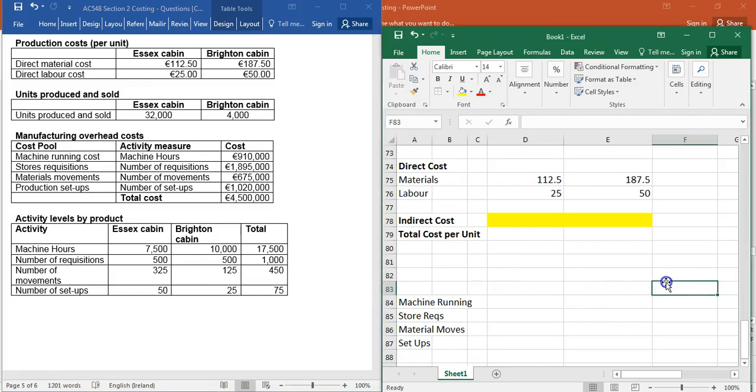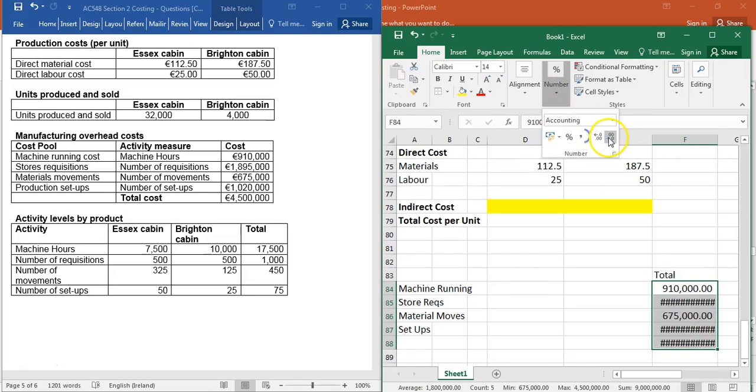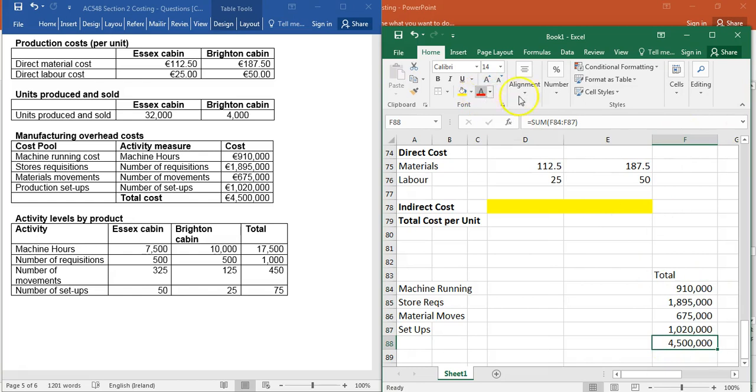So in this case, similar setup to before, you have the total cost 910,000. You have 1,895. You have 675 and 1,020. So I'll just tidy those up to make them thousands. So it's still the 4.5 million we're allocating.